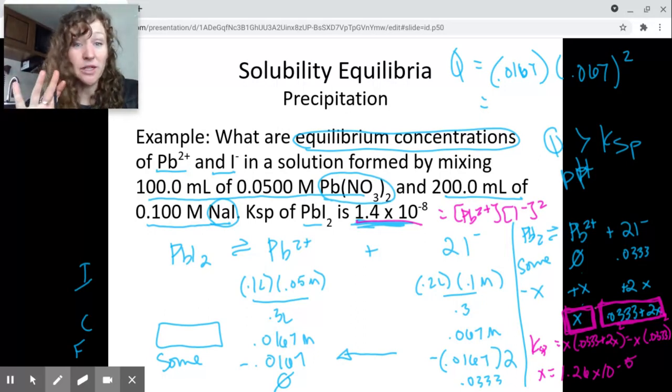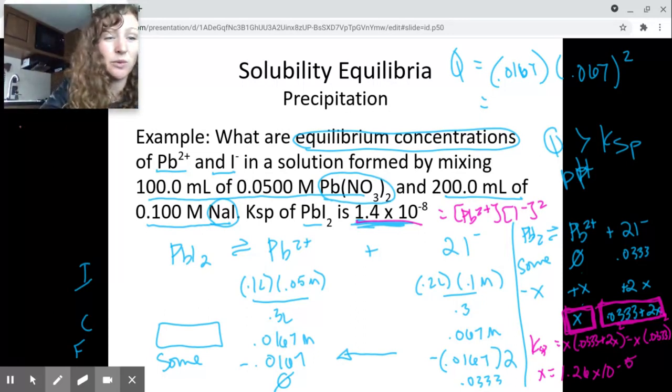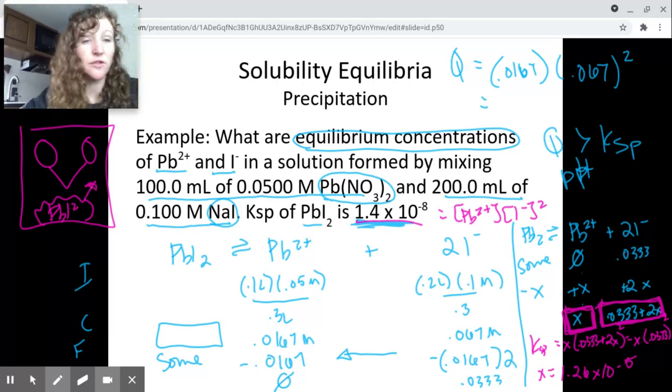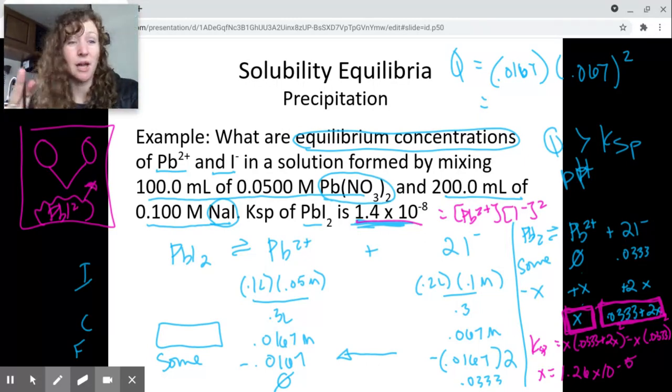Okay, so this one was a little bit more complicated, right? We really had to think through this conceptually. We had to think about how just the ions were present, the ions came together and made a solid, and then some of that solid had to redissolve to establish equilibrium. So it was a little bit more complicated, but a really similar idea to a strong acid or base pushing to completion and then swinging back to equilibrium.